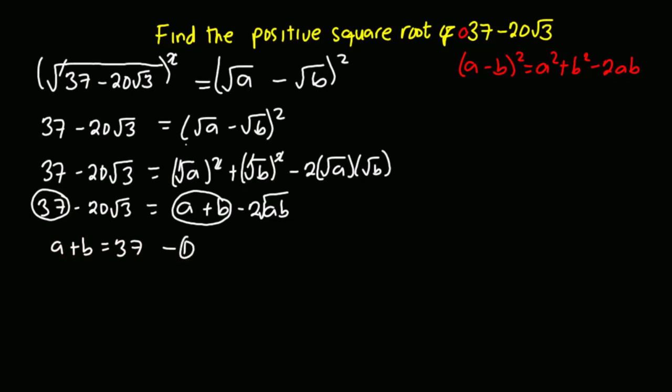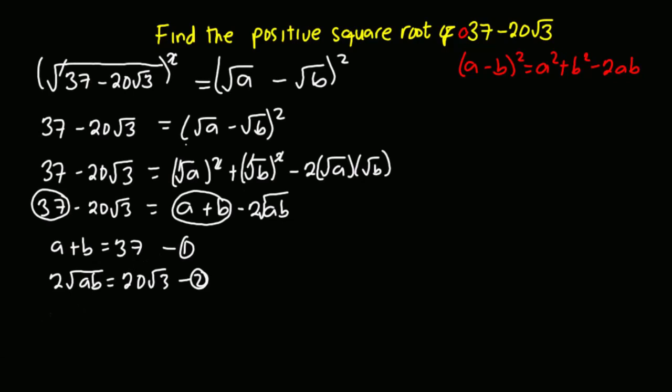Then also by comparison, you could see that this is negative and that is also negative. And 2 root ab carries a radical, 20 root 3 also carries a radical. So we can say that by comparison, 2 root ab should be equal to 20 root 3. So this is equation 2.